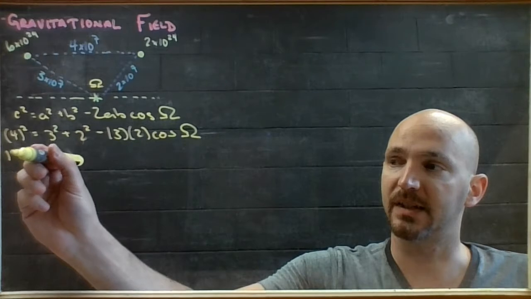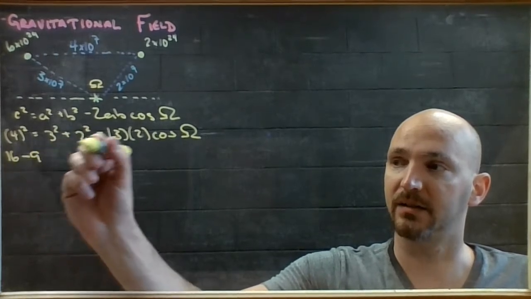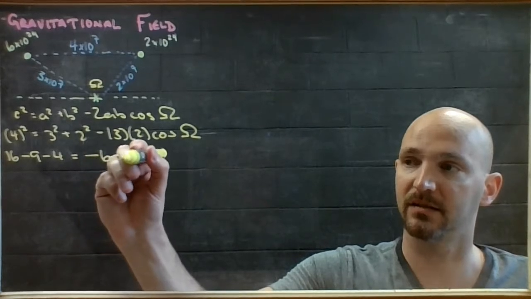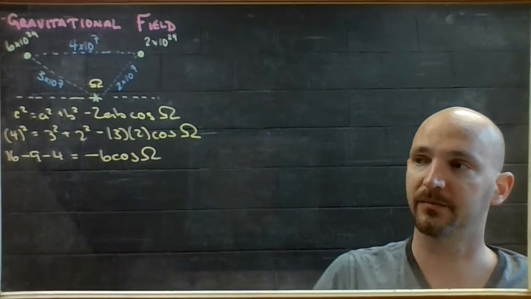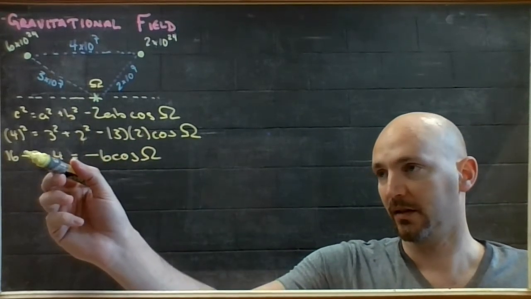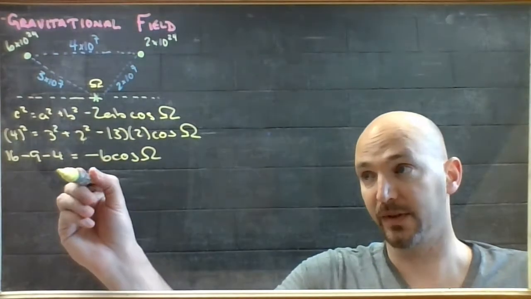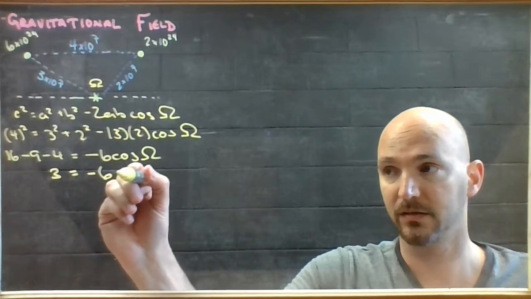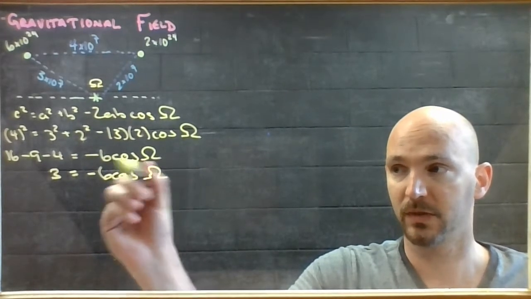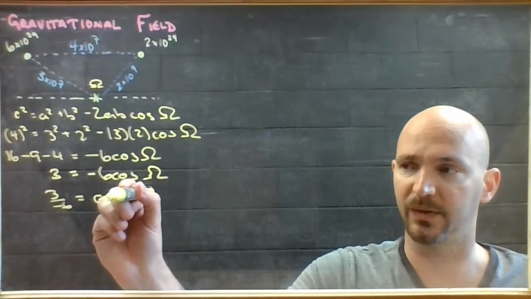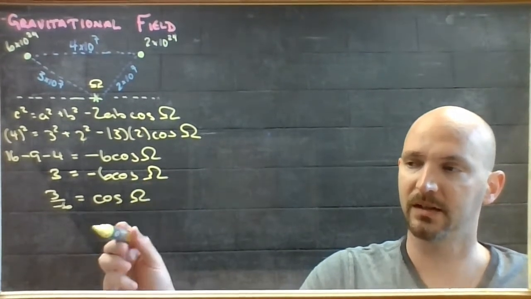4 squared is 16. Subtract 9. Subtract 4. 3 times 2 is 6. 16 minus 9 is 7. 7 minus 4 is 3. So 3 over negative 6 equals cos omega.